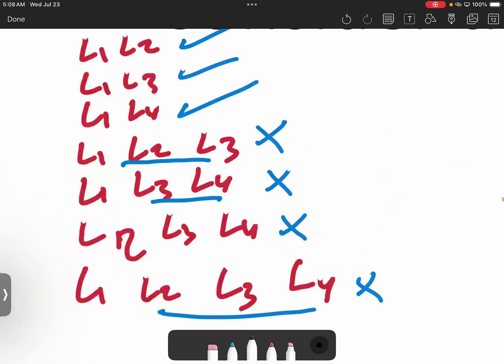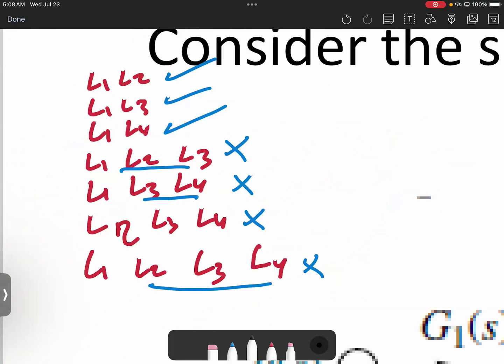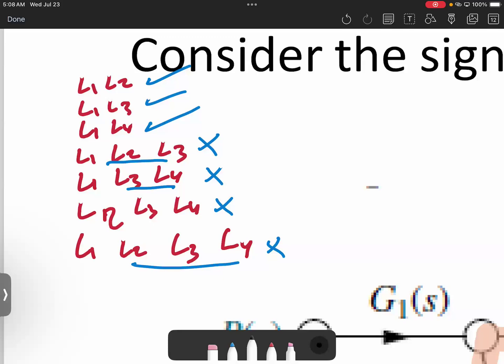We can say like this one. Is L1 touching? Yes. While for L1, L2, L3, since L2 and L3 are touching loops, you will neglect this part. L1, L3, L4: L3 and L4 are touching loops, therefore erase it. L2, L3, L4, all of them are touching, therefore erase it.